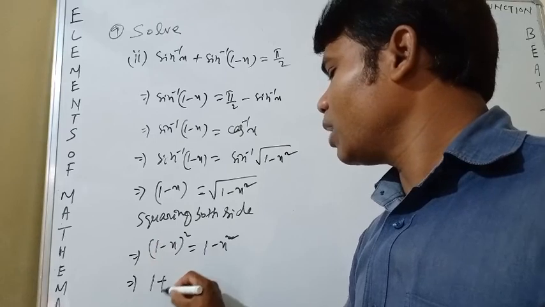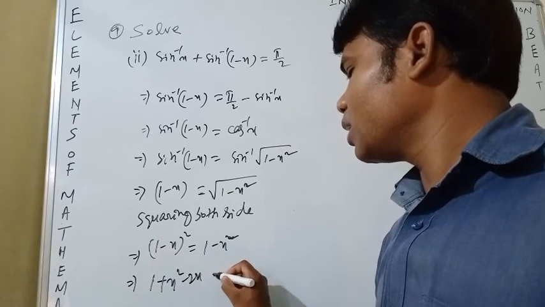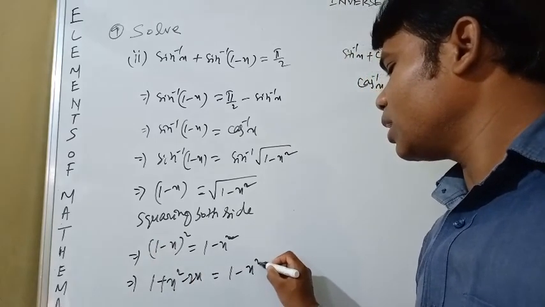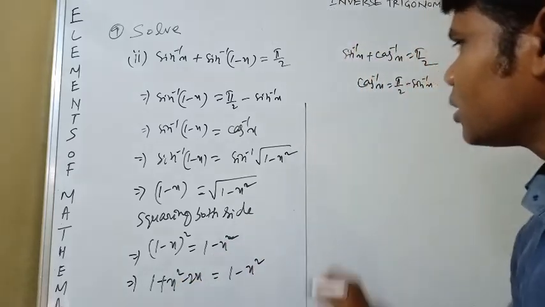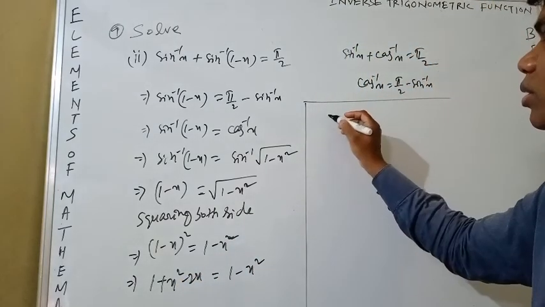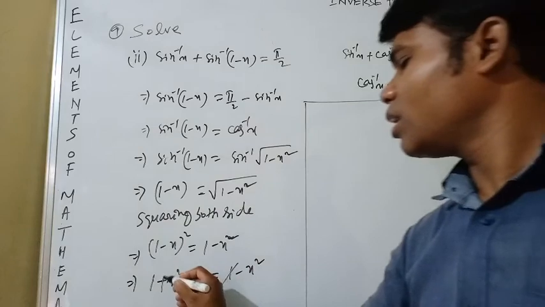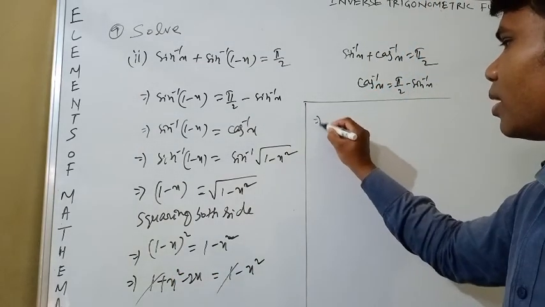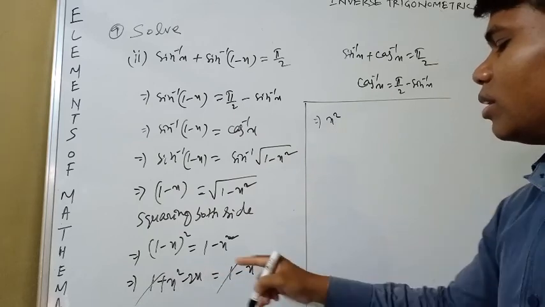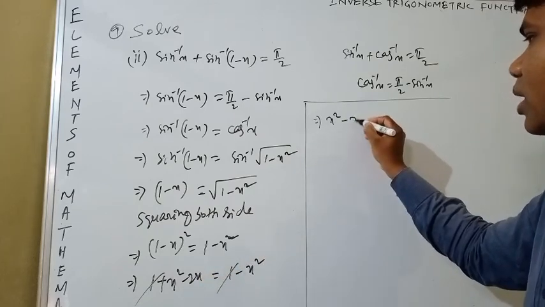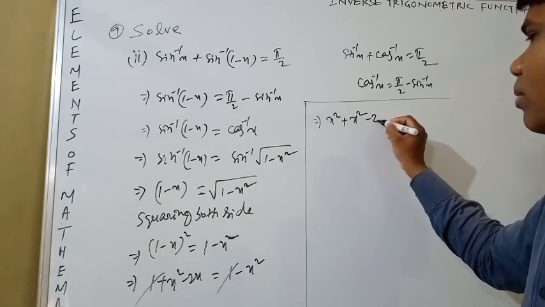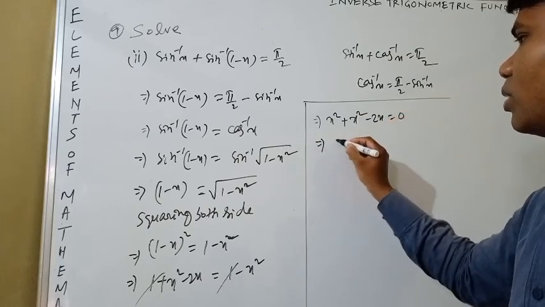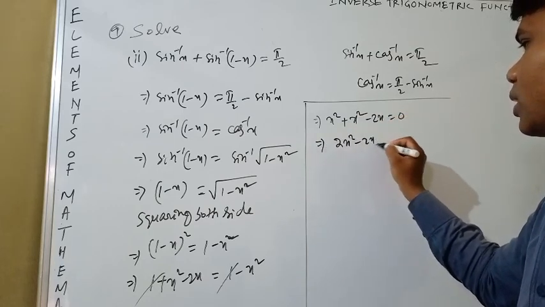This is 1 + x² − 2x = 1 − x². The 1 will cancel out from both sides. Bringing −x² to this side, x² + x² − 2x = 0, so 2x² − 2x = 0.